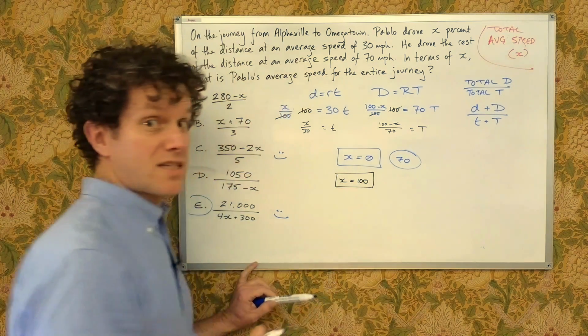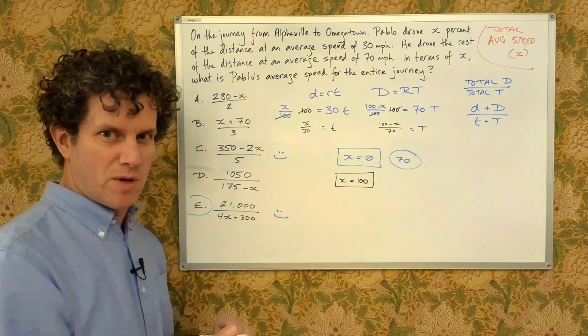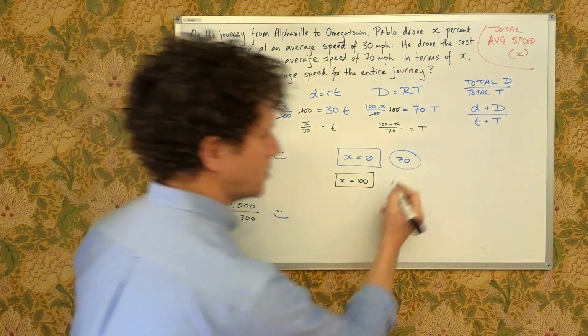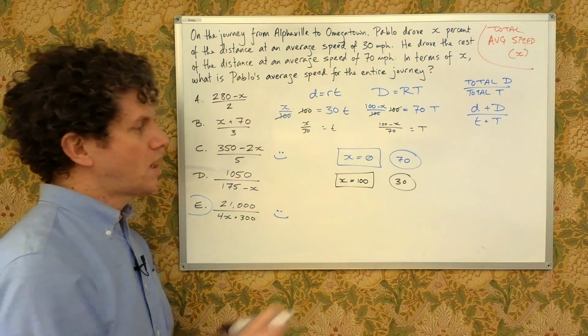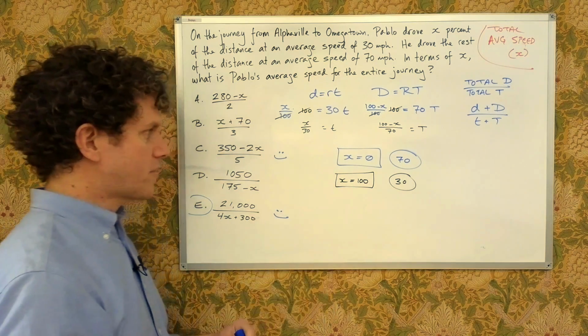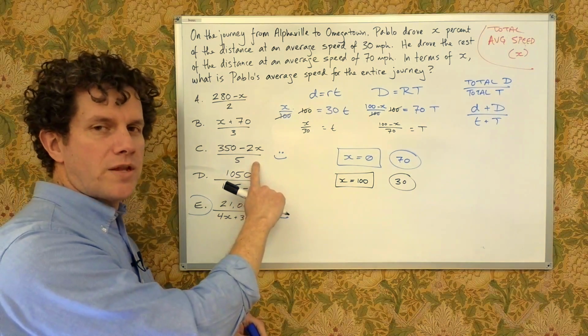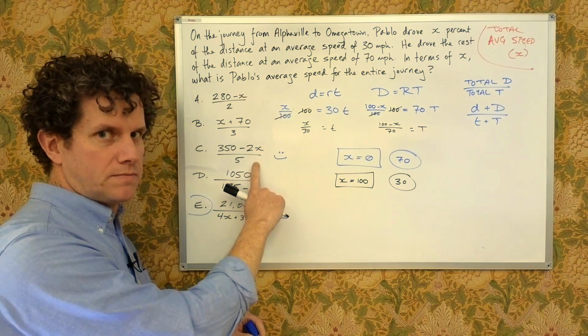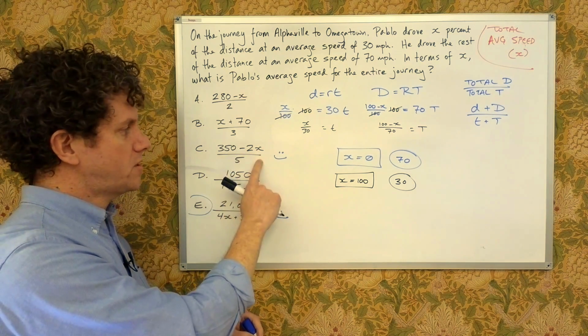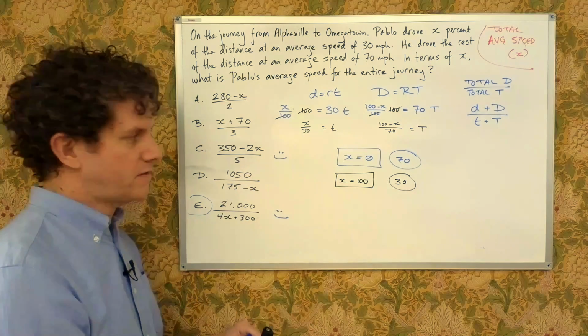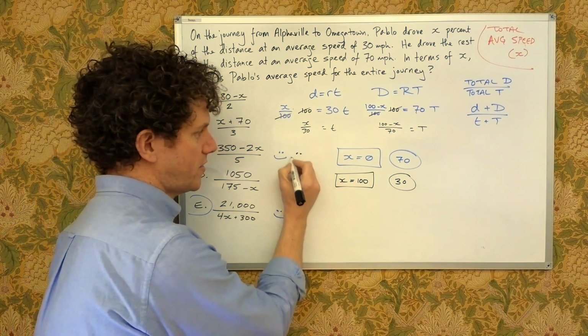Let's say x is 100. He only drives 30 miles per hour. He never speeds up to 70. Well, that makes it really easy. His average speed is 30. When x is 100, the result should be 30. Put that in up here, and it still works. 2 times 100, 350 minus 200, 150 divided by 5 gives us that 30.